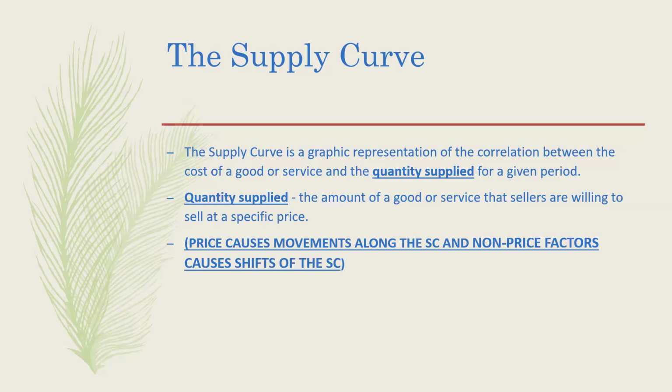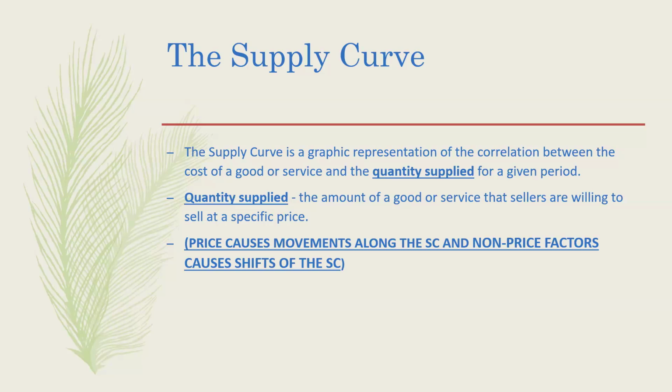So let's talk about the supply curve some more. So the supply curve is a graphical representation of the correlation between the cost of a good or service and the quantity supplied for a given product. Again, I'm reading that over.